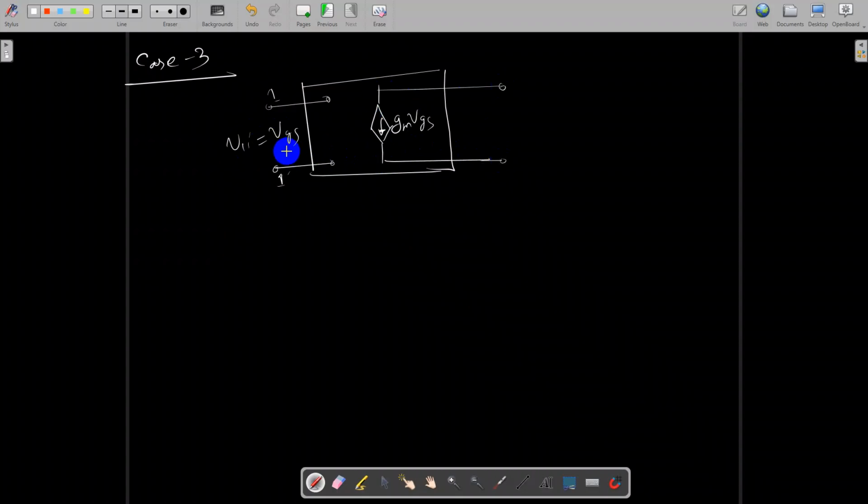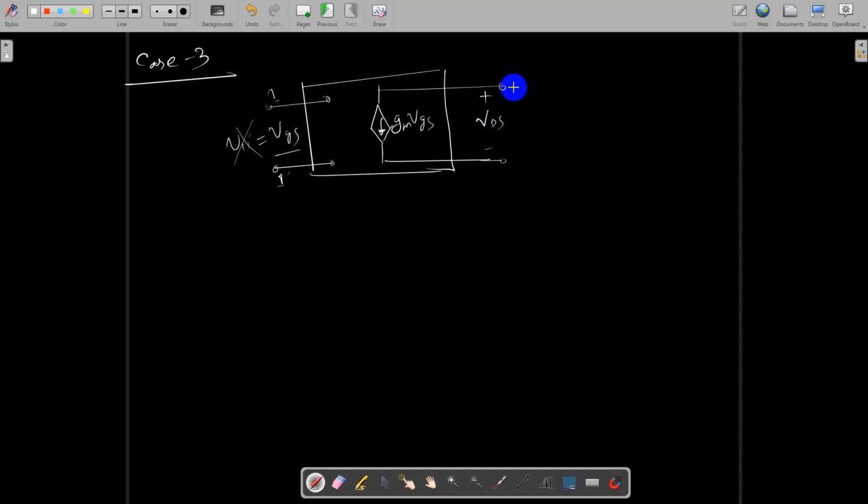I'm not complicating this. This is VGS, no 1 1 prime, just forget this thing. This is GMVGS, okay? And this is your plus minus VDS or V2 2 prime. Okay, this is VDS, no 2 2 prime, VDS. So we are not talking about this thing, we're talking about that one.